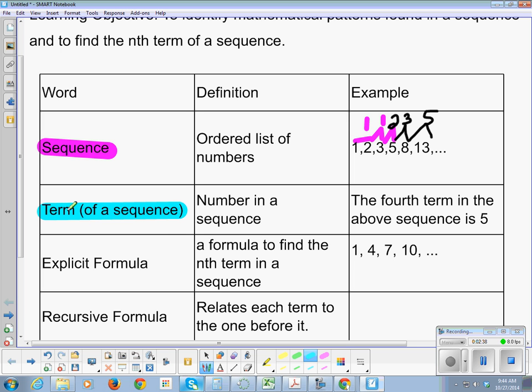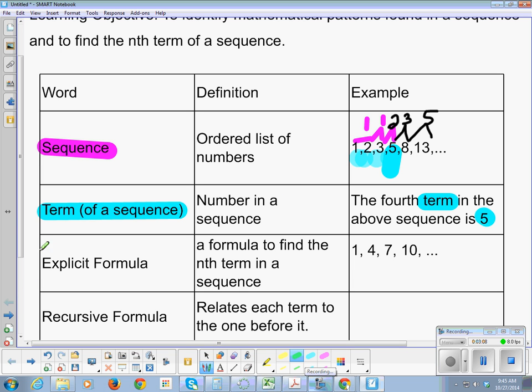It's term, and I put in parentheses of a sequence, so you know what we're talking about. So then it's a number in a sequence. For example, the fourth term in the above sequence is 5. So we go 1, 2, 3, 4. So the fourth term is 5. So when I talk about term, I'm talking about the specific number inside the sequence.